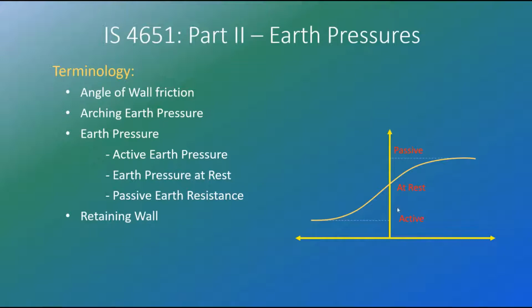The figure on the right shows variation of all the three. Magnitude of passive earth resistance is maximum, followed by at-rest condition, and finally active earth pressure. Retaining wall is typically a long structure which holds back a soil mass.